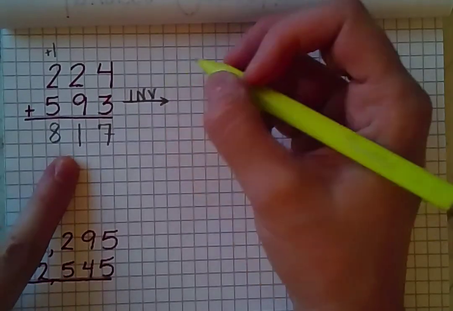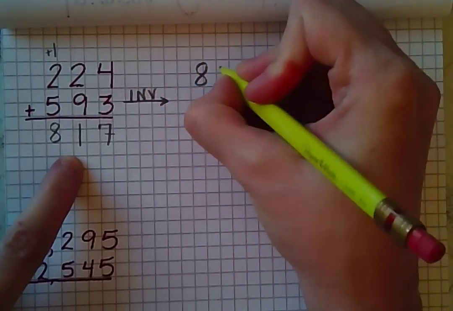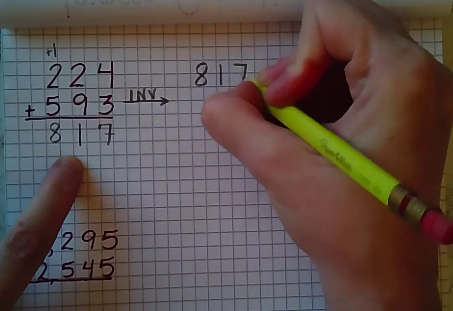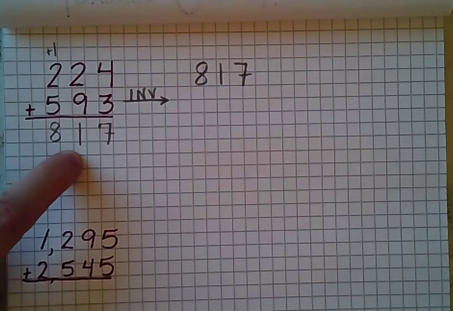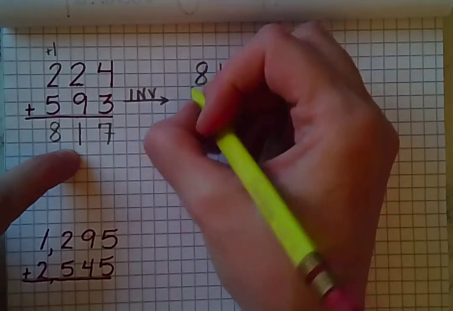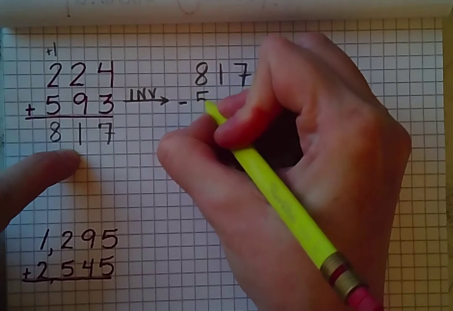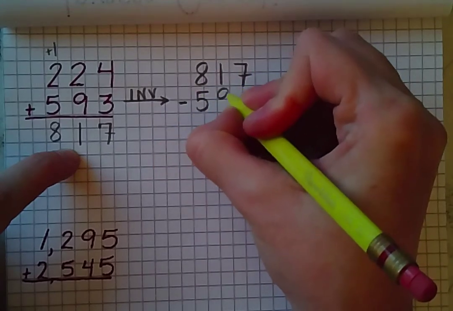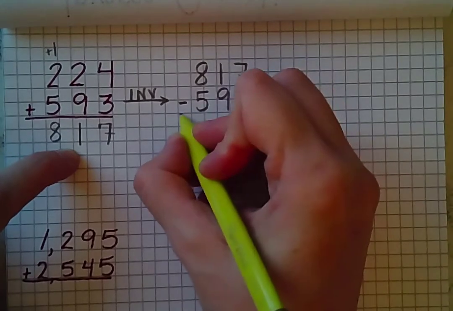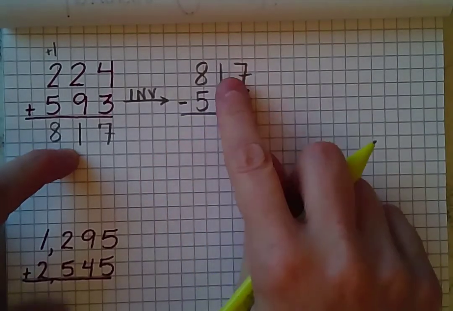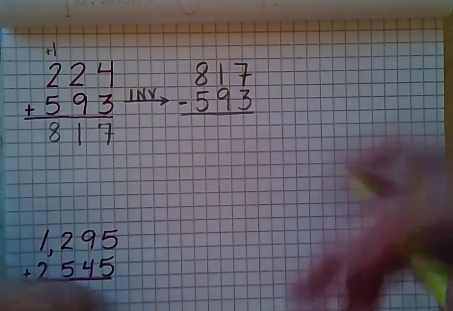So we start with our sum, 817, and we're going to subtract right here 593. Notice I give my digits some space because I'm about to do subtraction and I might need it.